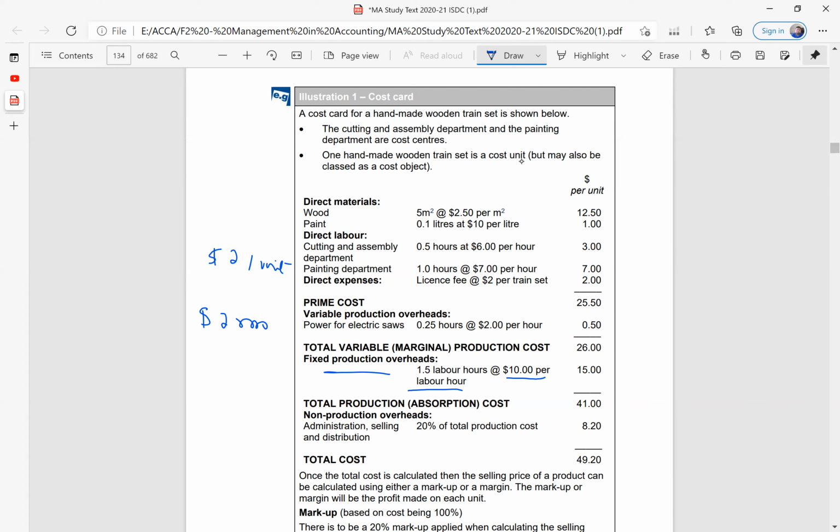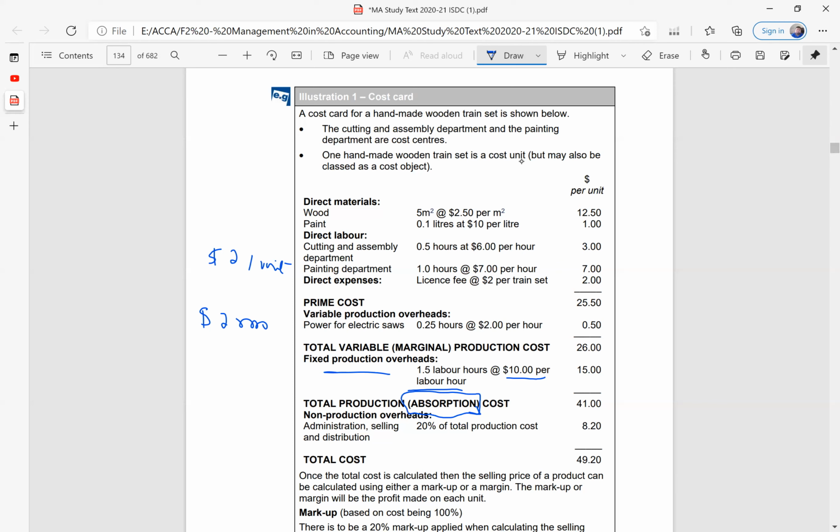Now, total production cost was computed. If you see, they have mentioned absorption. Why is it mentioned as absorption? Absorption costing and marginal costing are two different techniques of dealing with overheads. Absorption says that when you are computing the cost of the product, include variable plus fixed costs.